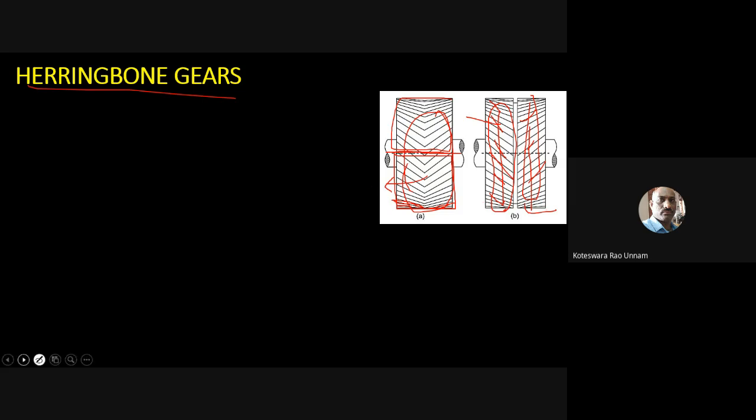So why are we discussing this herringbone or double helical gear? While discussing the force analysis of a helical gear, there are three components of forces, that is PT, PR, as well as an axial load or a thrust load.